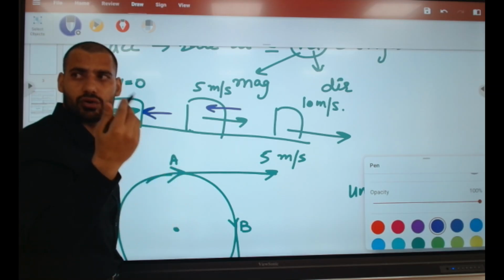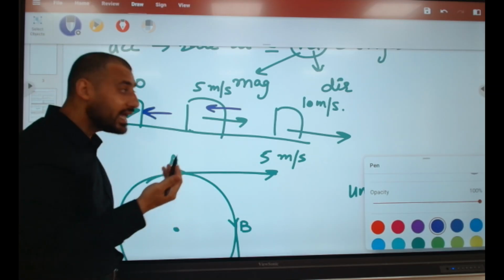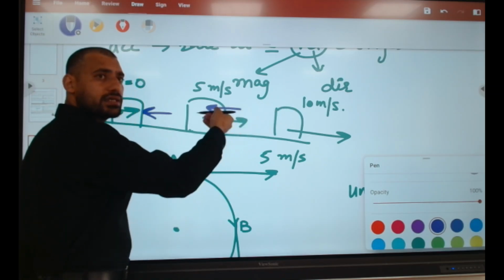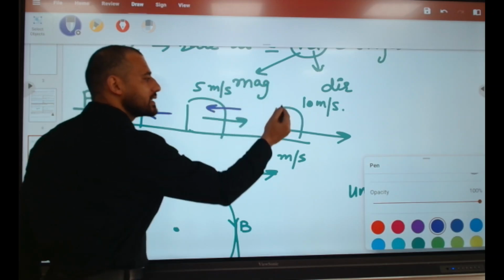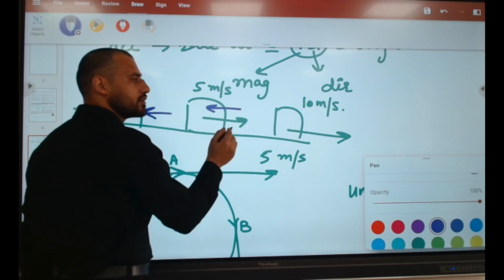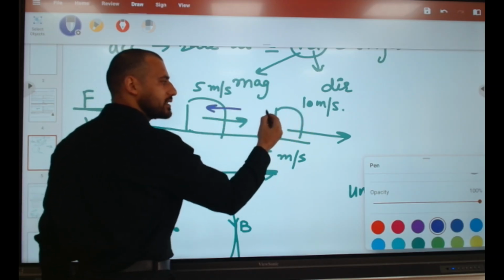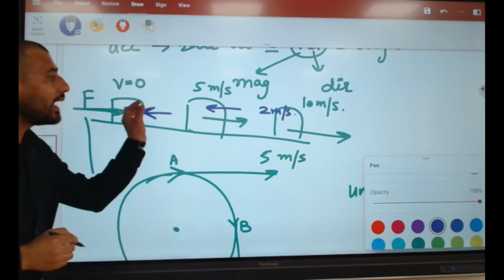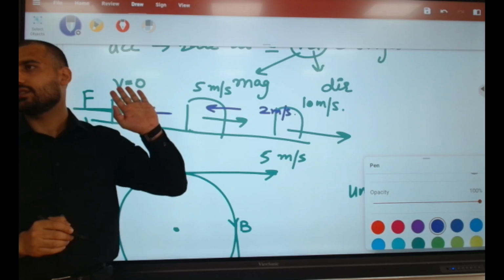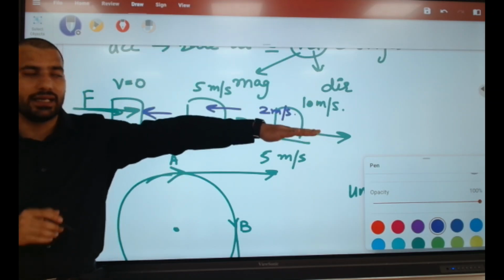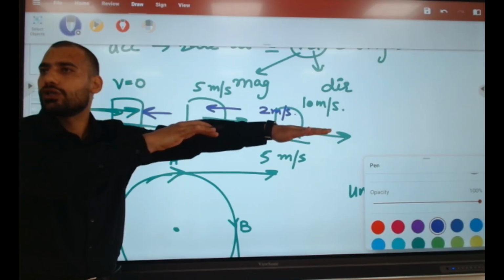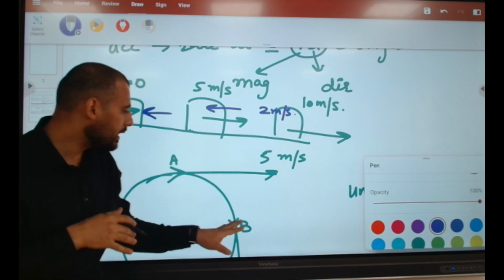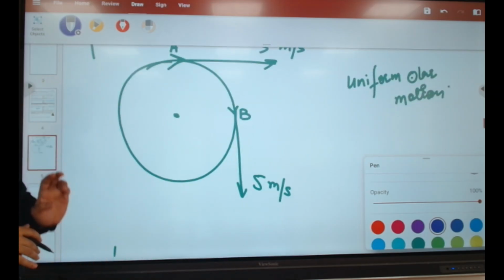Will it be less or more? Less, of course, because you are opposing. So, for example, when this purple force was applied, the velocity after some time will be only 2 meters per second, okay? The magnitude of velocity has changed, but the force is applied along the line of motion, isn't it? Here, understand, very important thing.